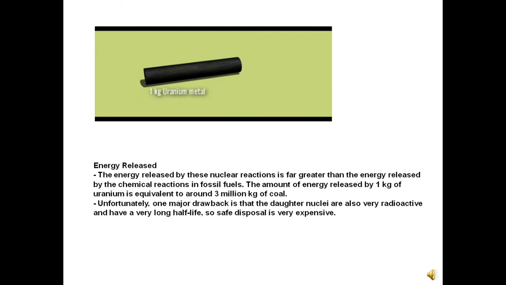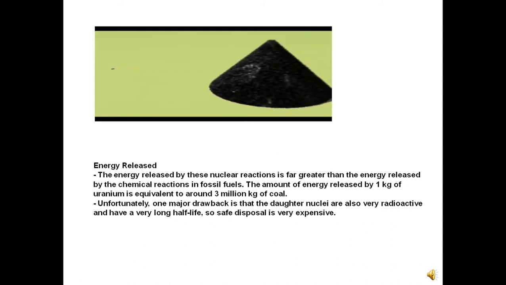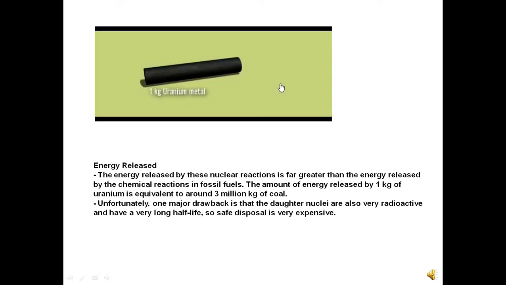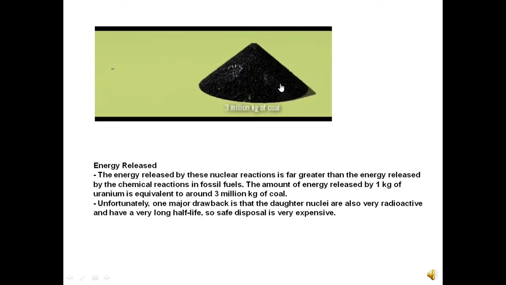Now here we have a comparison of the amount of nuclear fuel needed compared to the amount of coal needed, and you can see 1 kilogram of uranium produces the same amount of energy as 3 million kilograms of coal. So you can see the attraction of nuclear fission as a power source.